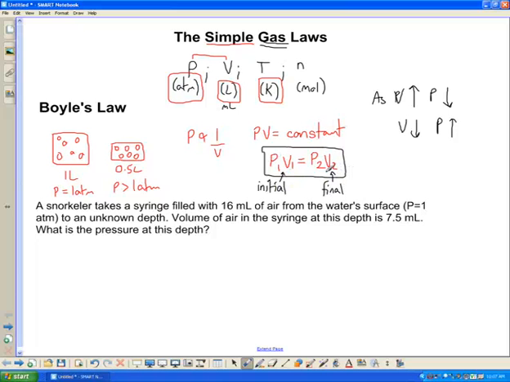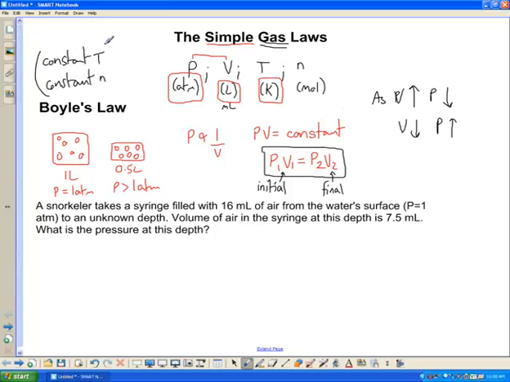The only other thing to assume here is, notice temperature and number of moles are not mentioned here, but this equation for Boyle's law assumes constant temperature and constant number of moles. So it's making those two assumptions, alright?